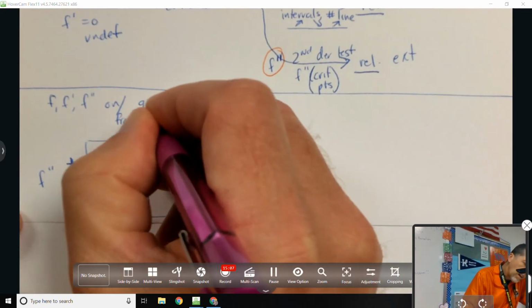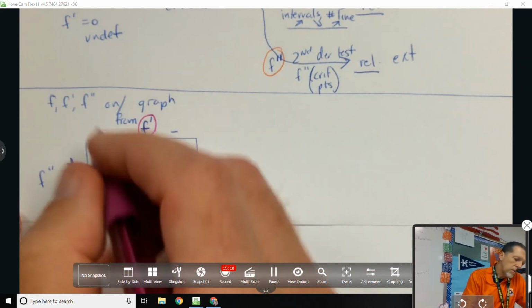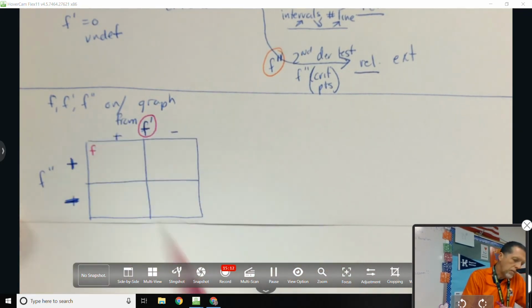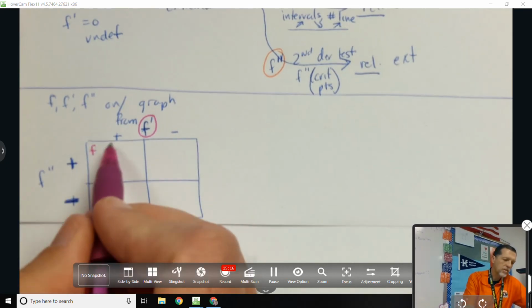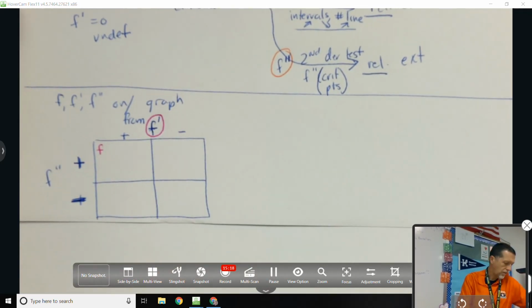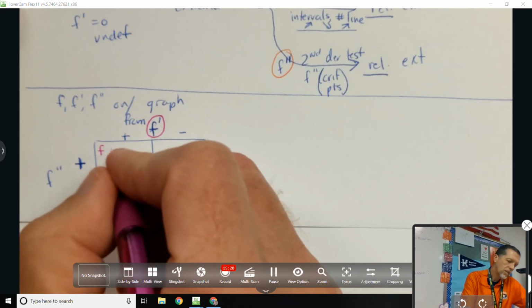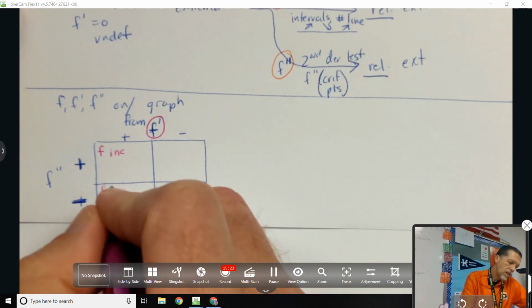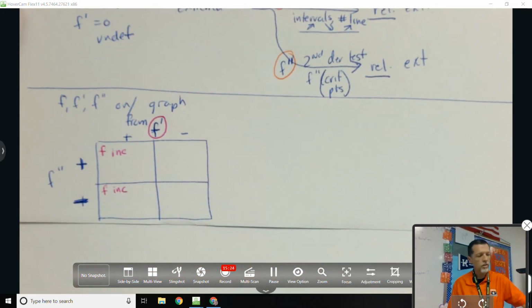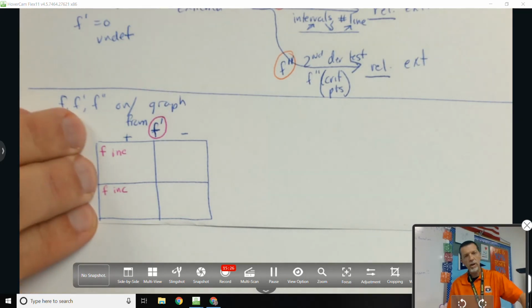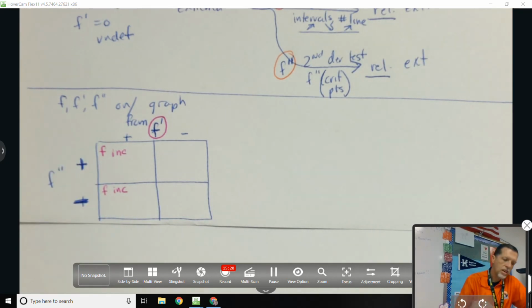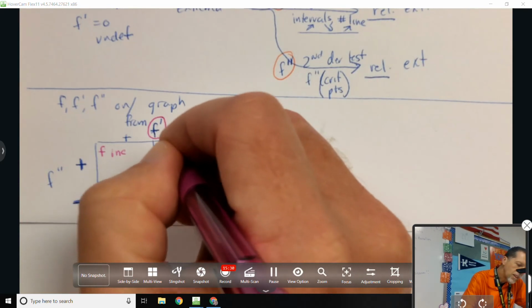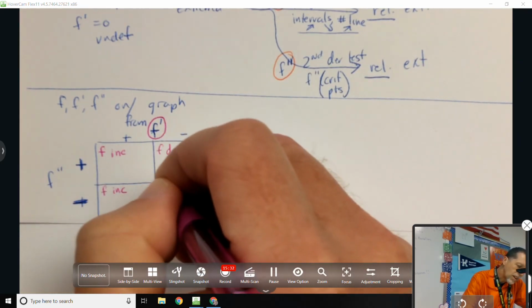If f prime is positive, what can I conclude about f? It's increasing. So regardless of what f double prime is, if f prime is positive, f is increasing. If f prime is negative, then f is decreasing.